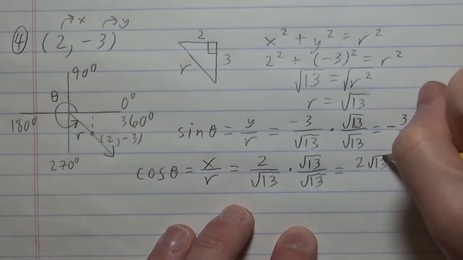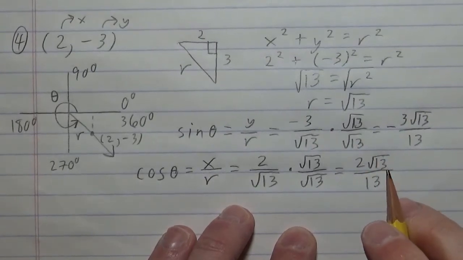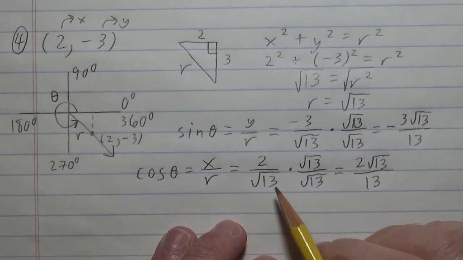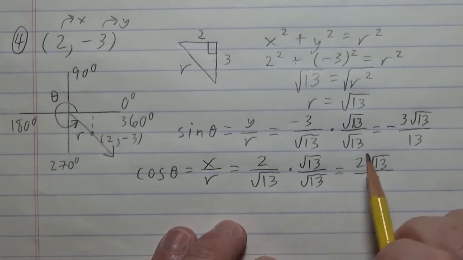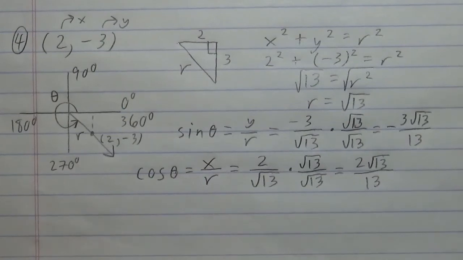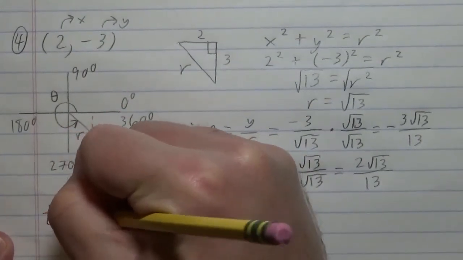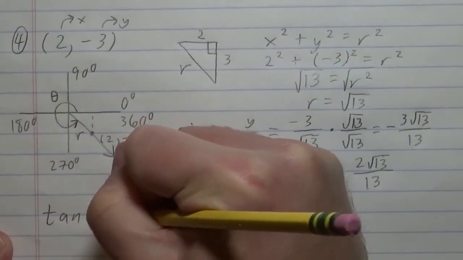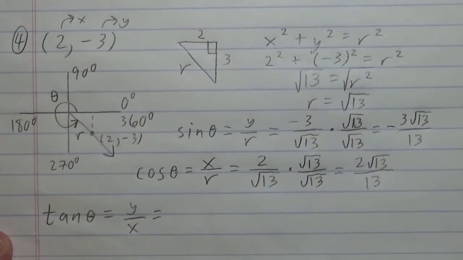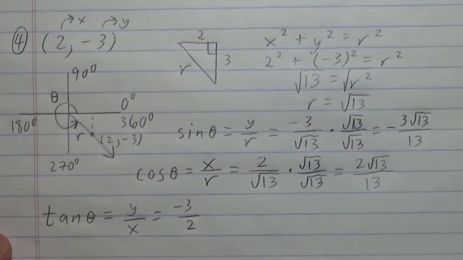Root 13 on top, and on the bottom it's just 13. When you're looking to see if things simplify, things to look for: can you simplify the thing that's square rooted? You can. And this ratio here, 2/13, can that be simplified? It can't. So the cosine ratio is done. Tangent ratio is simply the y coordinate over the x coordinate, which is -3/2. Done.